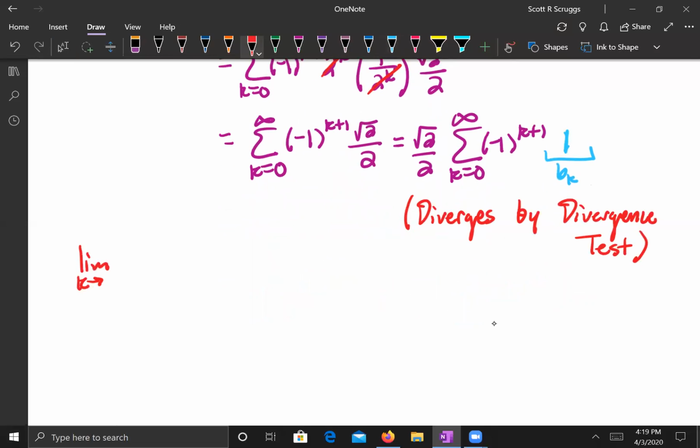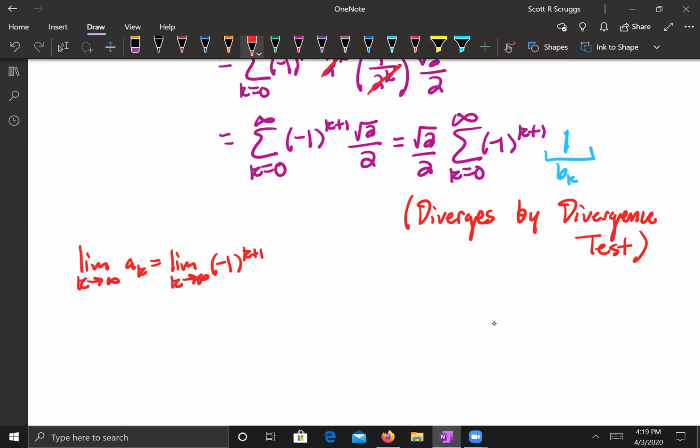So I have the limit as k goes to infinity of a of k. The terms in the series are negative 1 raised to the k plus 1 power.